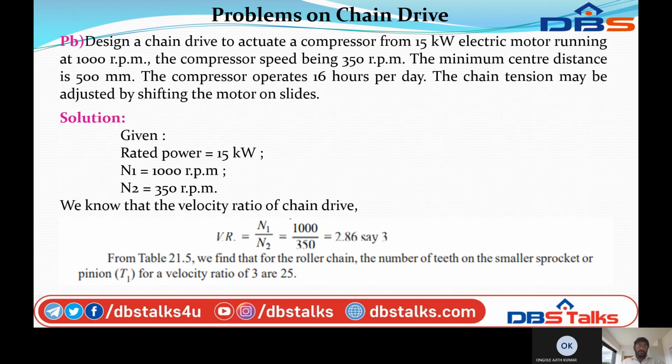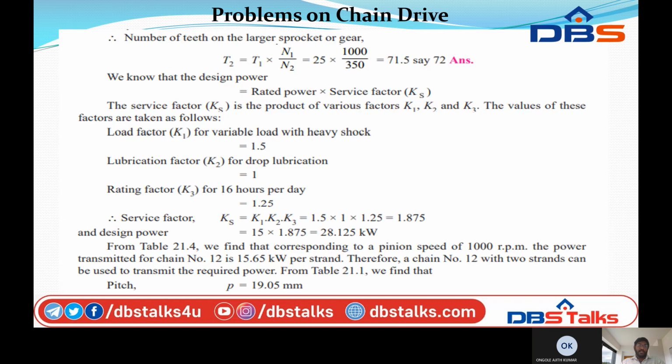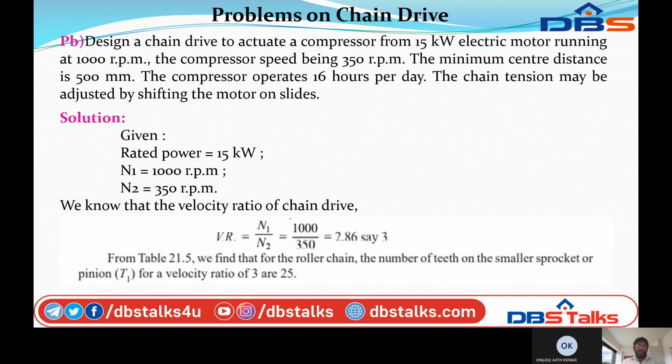So T1 is taken from the table for velocity ratio 3. So velocity ratio 3 means the value of T1 is 25 teeth on the pinion. So 25 is taken from the tabular form.